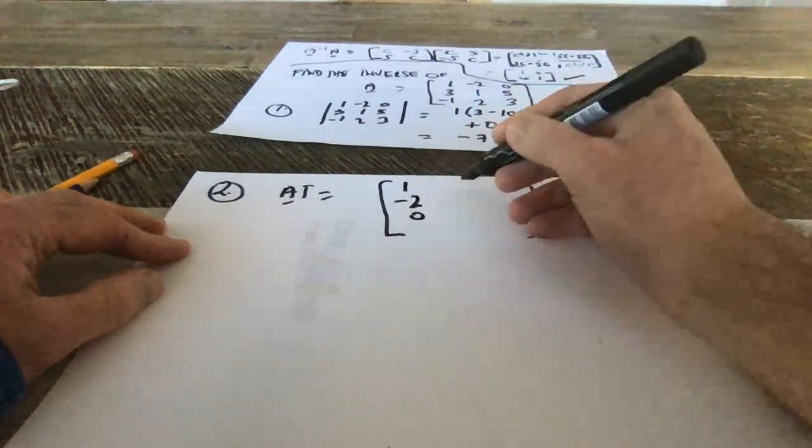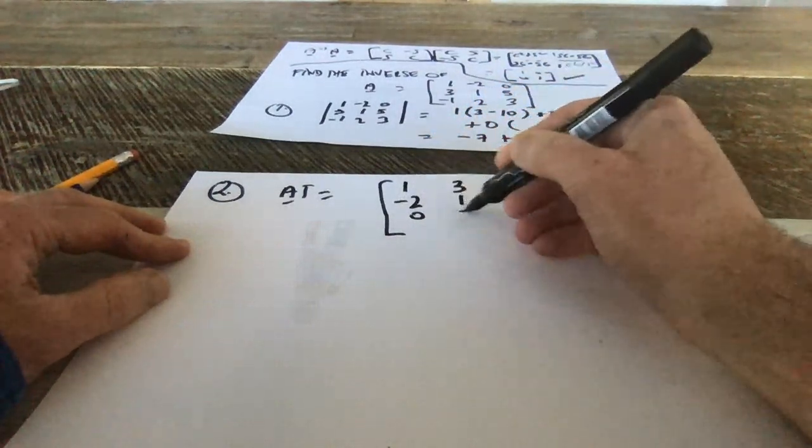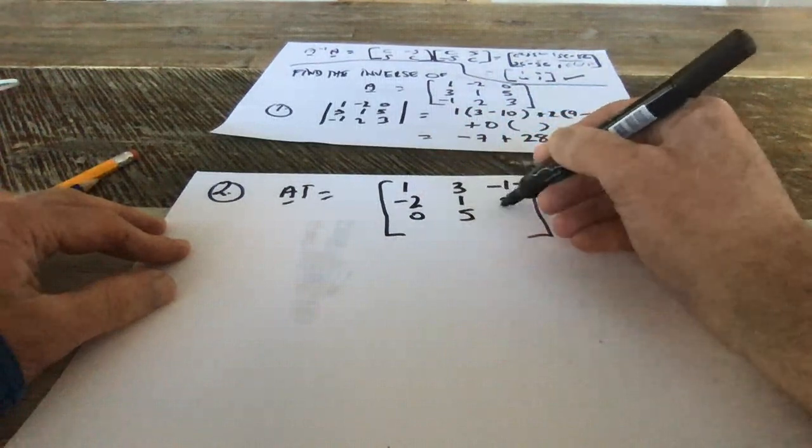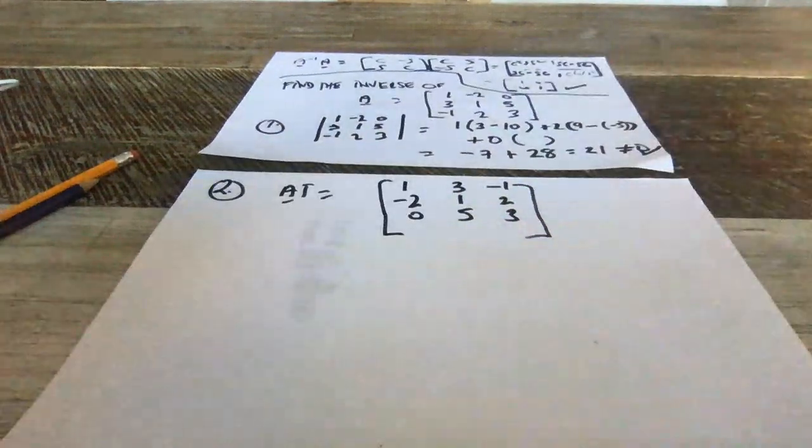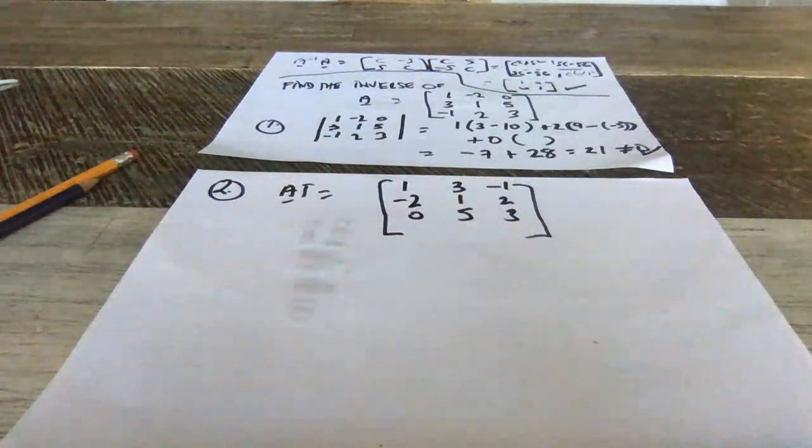The second row becomes the second column, 3, 1, 5, and you get minus 1, 2, and 3 here. So this was A, and this is A transpose. The first row becomes the first column, the second row becomes the second column, and the third row becomes the third column.